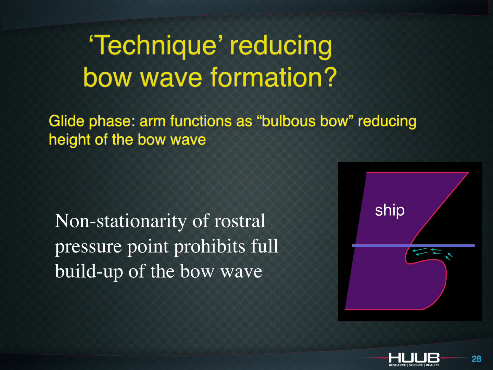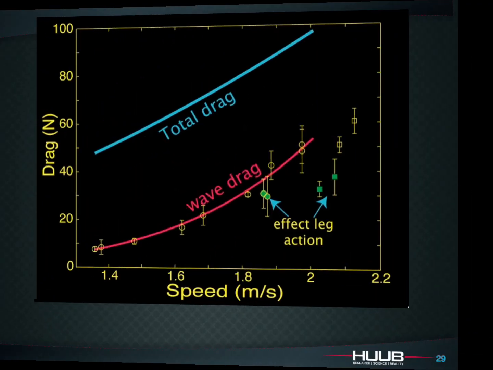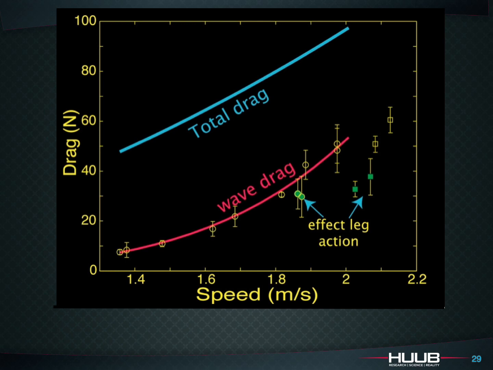But could a similar principle be operative at the rear of the swimmer? So what is the effect of the kick? What is the effect of the leg action? This is interesting because we did the comparison of total drag. We looked at the wave drag in red, and there we also looked at the effect of the leg action for some swimmers.